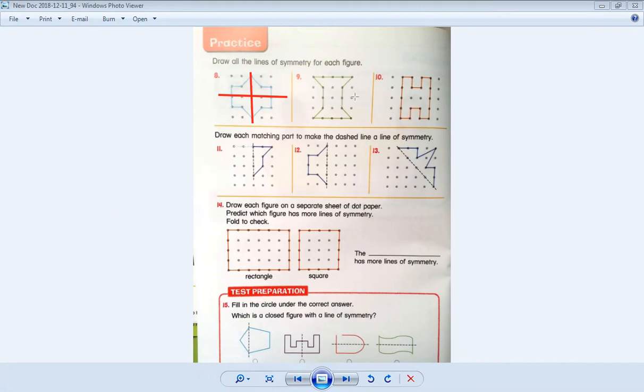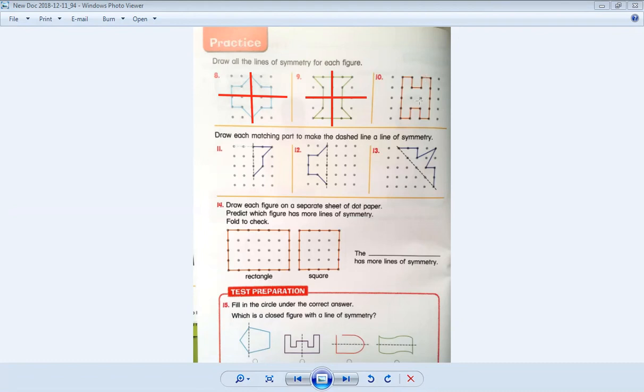This figure, what do you think? I can draw a vertical one. Okay, so these two parts or two halves match exactly, and also I can draw a horizontal line of symmetry and the two halves up and down match exactly.